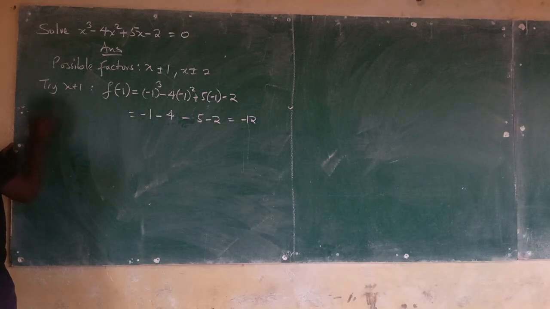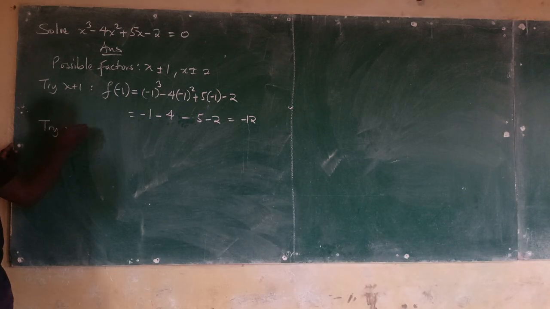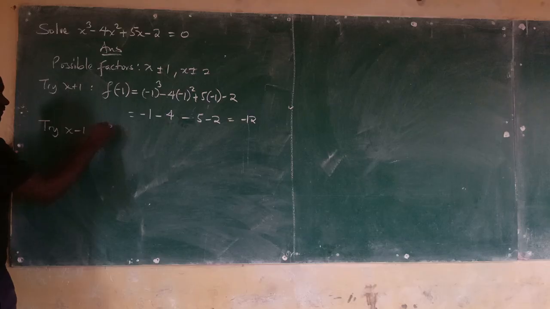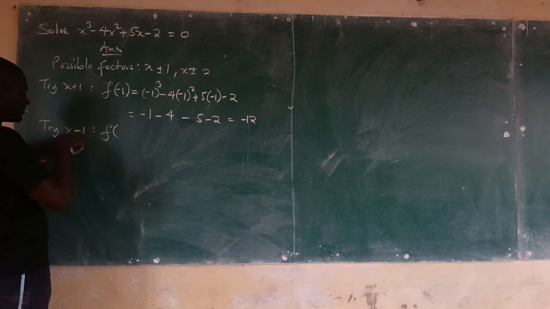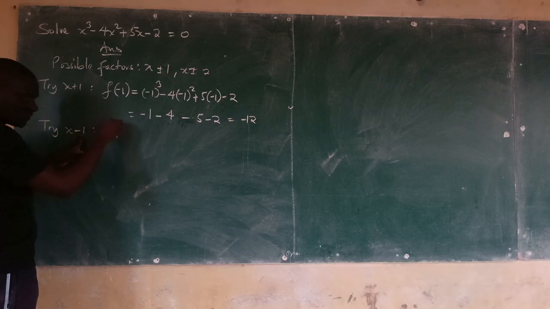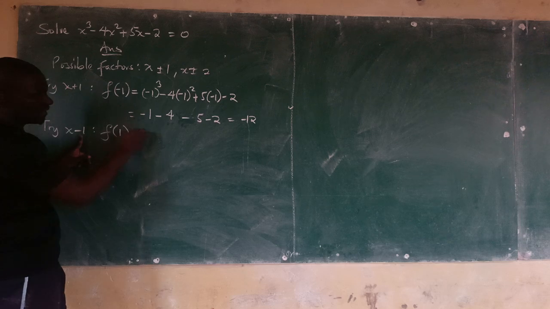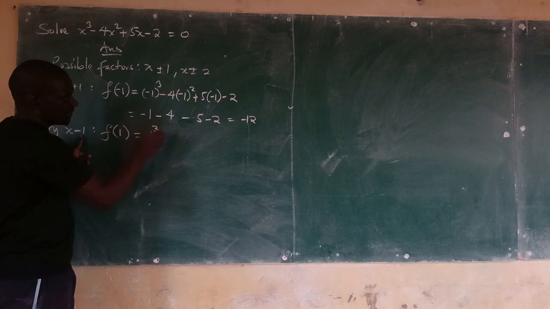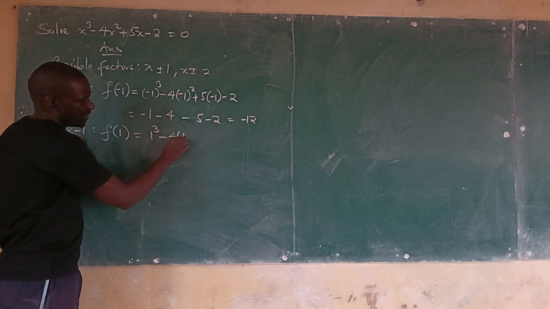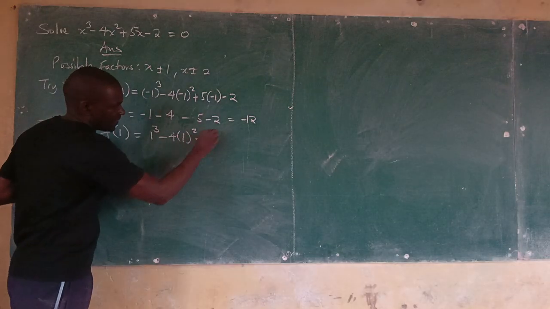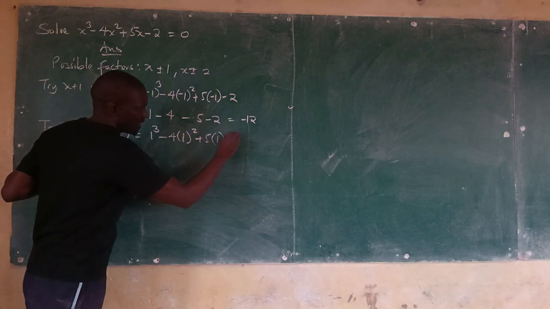We can go for the next factor, x minus 1. For this one, if we put 1 here, it will be 1 cubed, minus 4 times 1 squared, plus 5 times 1, minus 2.